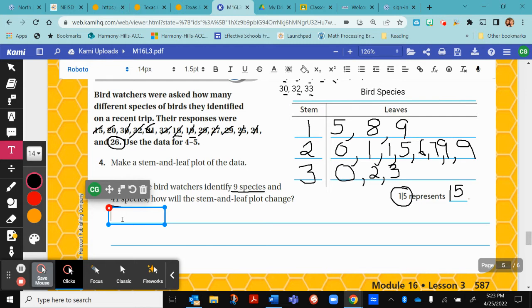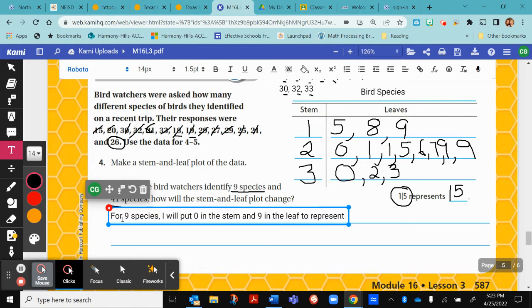So here, for 9 species, I will put 0 in the stem and 9 in the leaf to represent 9 wholes or 9 ones.